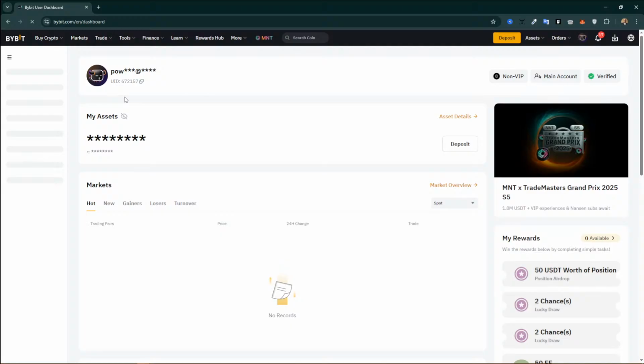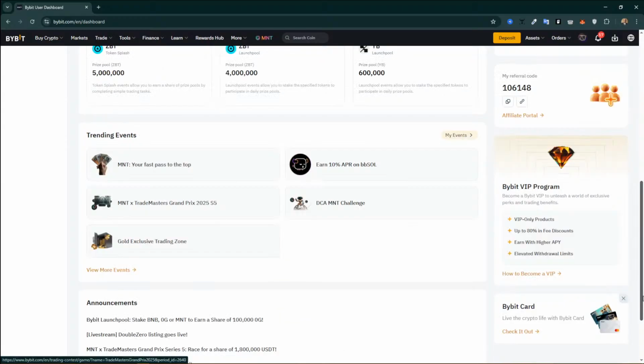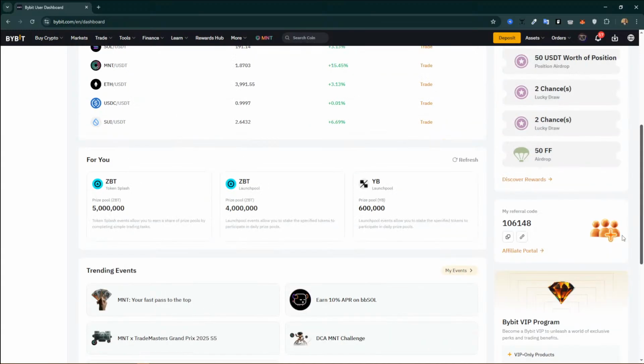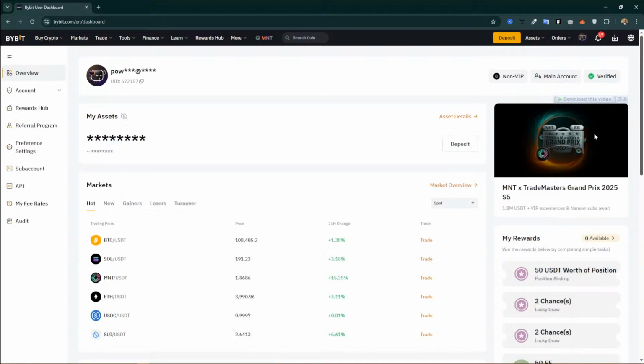And then we also have some rewards or promotions on the right hand side, which also includes your affiliate portal, like your referral link, which you can use to earn commission on trades placed by people who you refer to this platform. So when you refer someone, they trade, you get some commission on their trades, which is very cool, very nice, right? So that's the place there, the referral program.